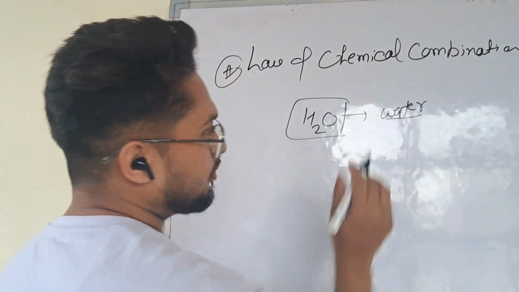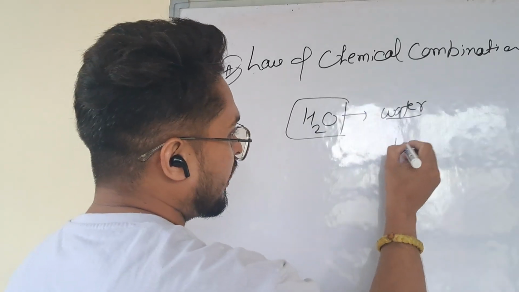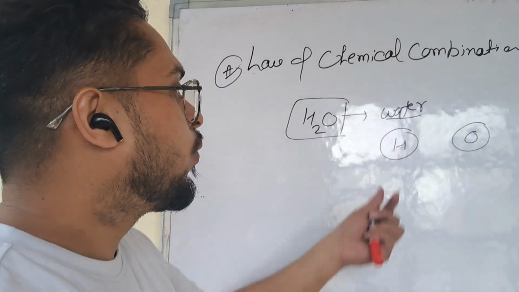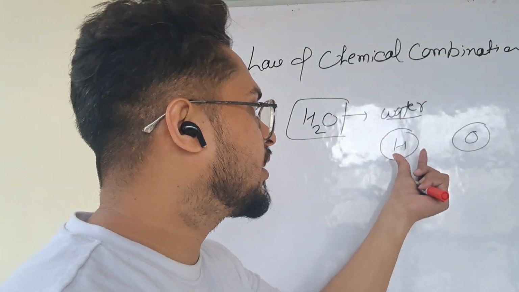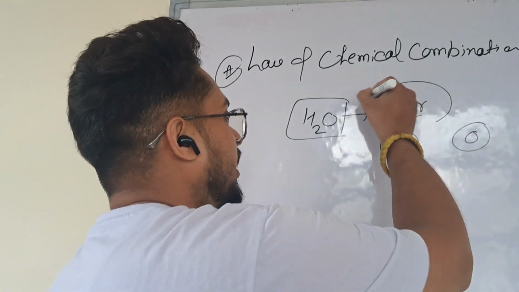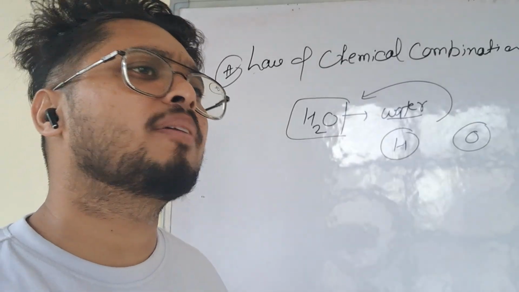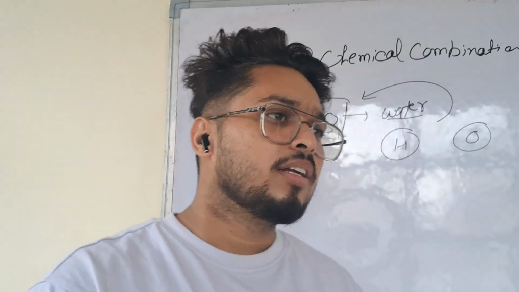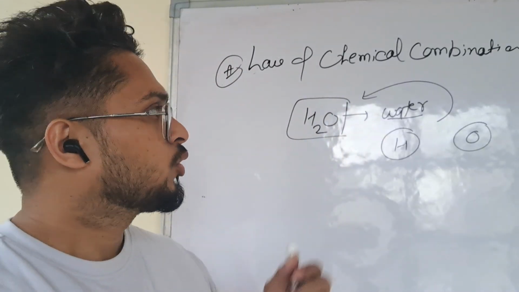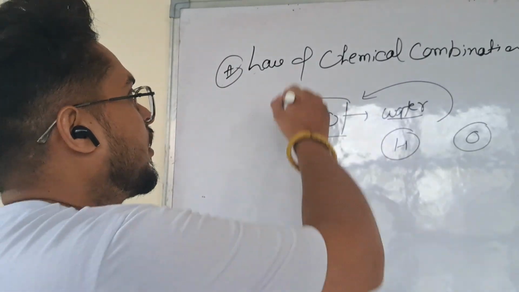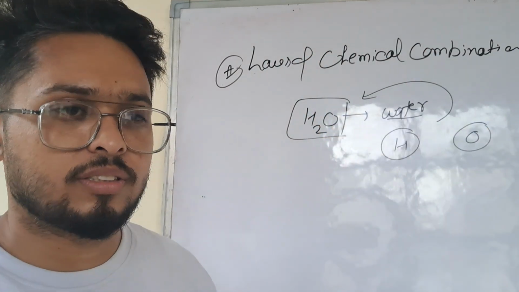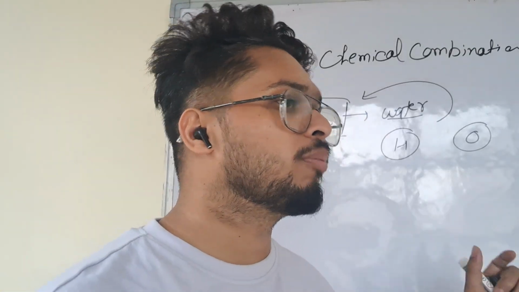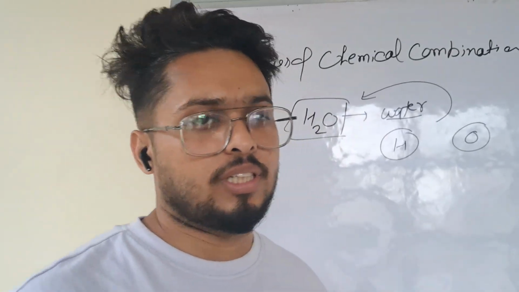Here your water is made up of two atoms, one is hydrogen and another one is oxygen. Then why are hydrogen and oxygen combined to form the H2O molecule? Why are atoms combined in different compound formations? So all these things are explained by laws of chemical combinations.